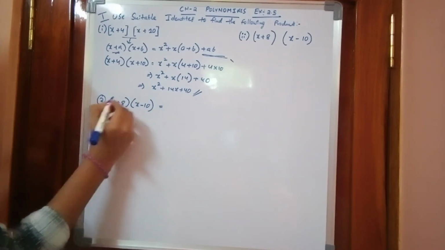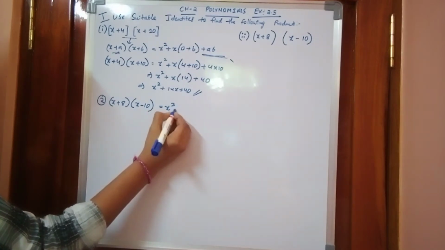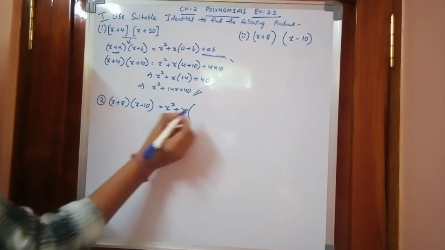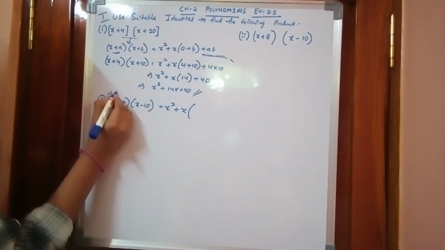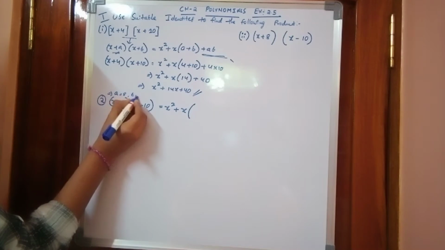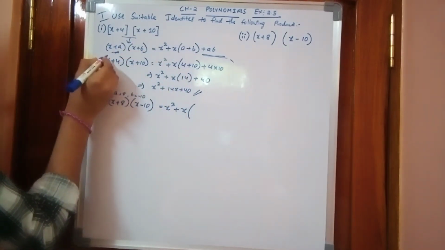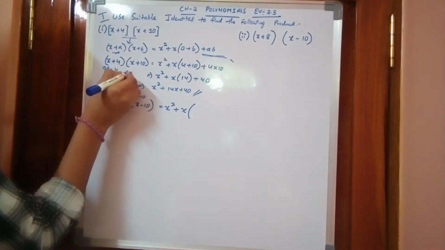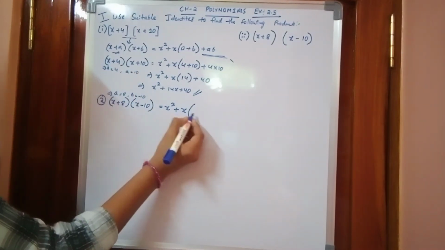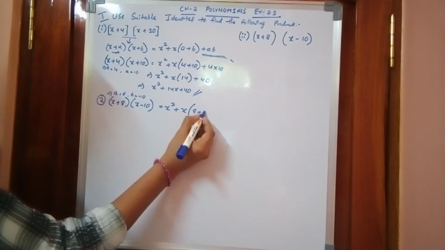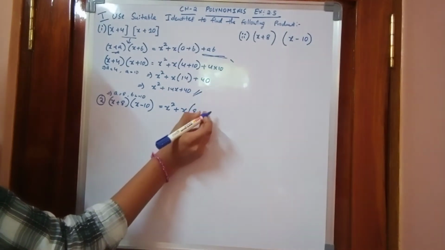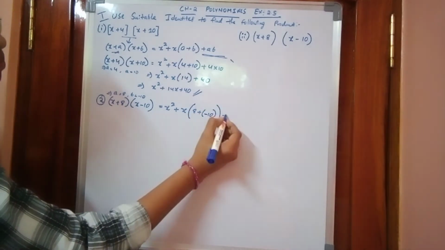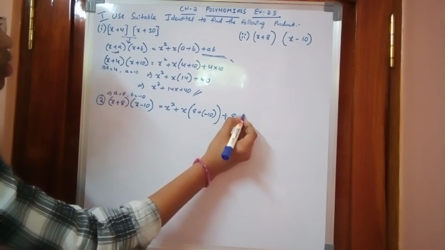This implies x square plus x of (a plus b), where a is equal to 8 and b is equal to minus 10, so x of (8 plus minus 10) and plus 8 into minus 10.